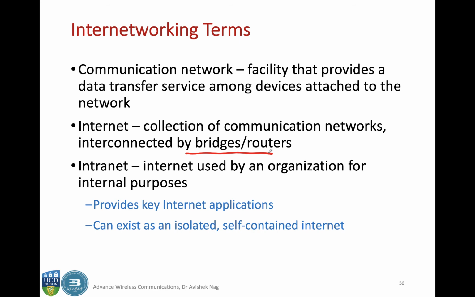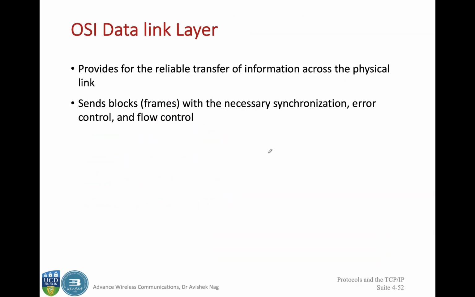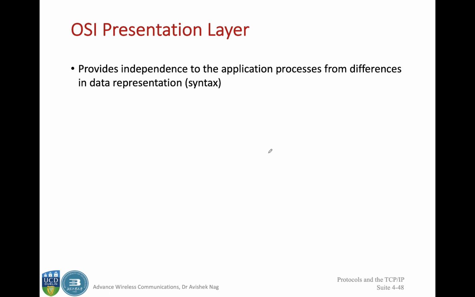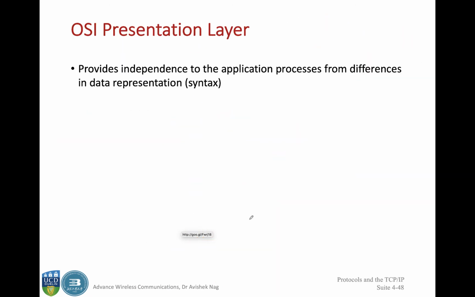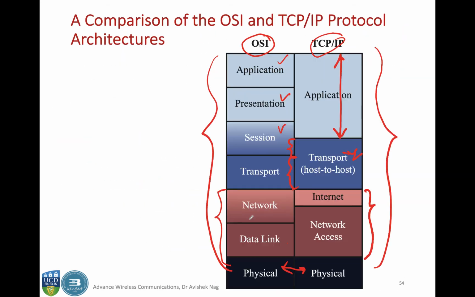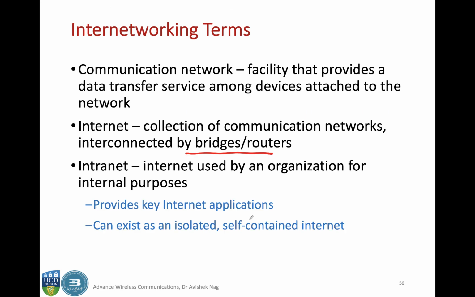This is also shown in this diagram. You see there is one network here, there is another network here, and they are connected by an intermediate router. This is what is meant when we say that the internet is a collection of communication networks interconnected by bridges or routers.